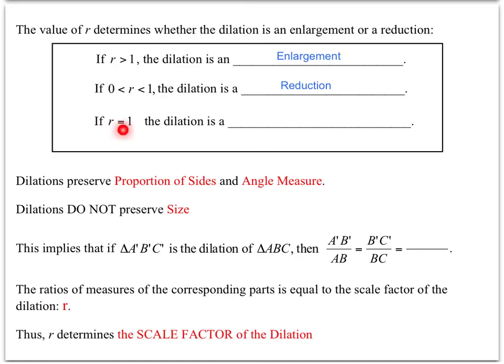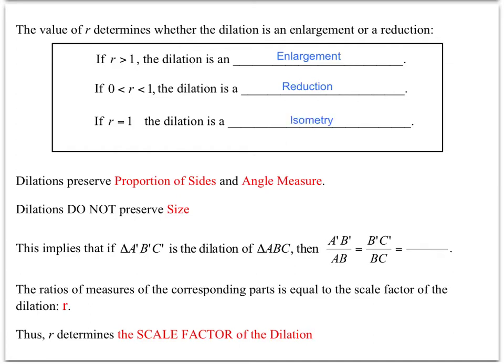If R was equal to 1, you'd have one side length equal to 1 times its image, which is just the same number. So if R is equal to 1, the dilation doesn't shrink or enlarge the object, but rather this would be an isometry. It doesn't change the size or the shape.